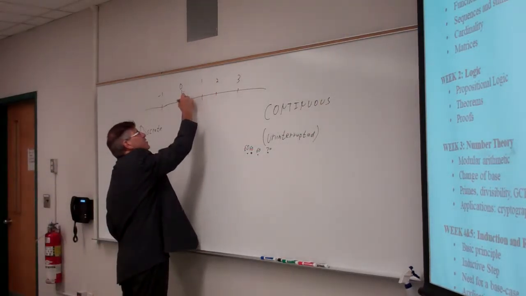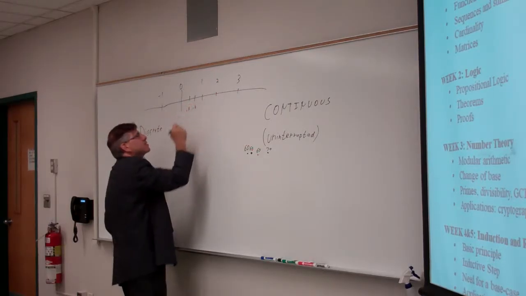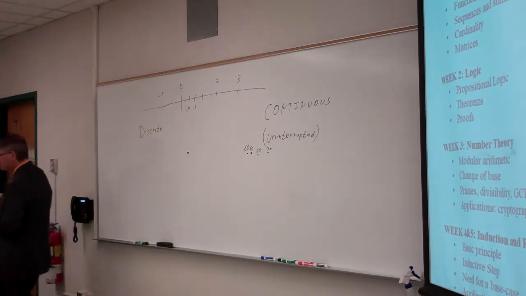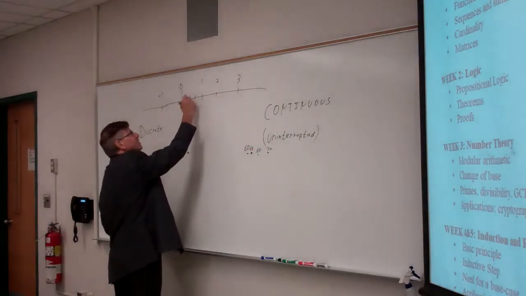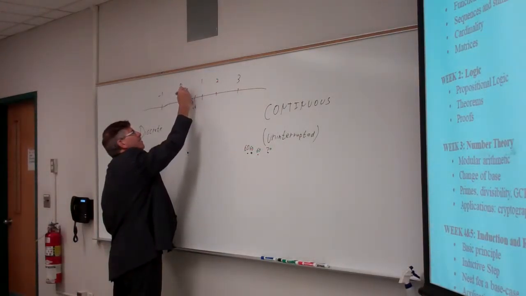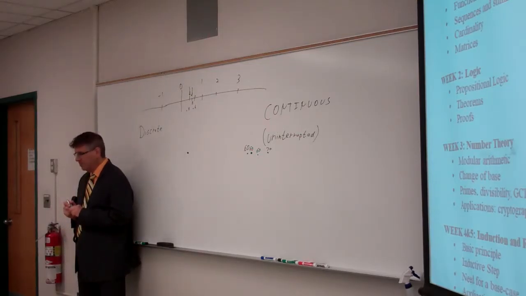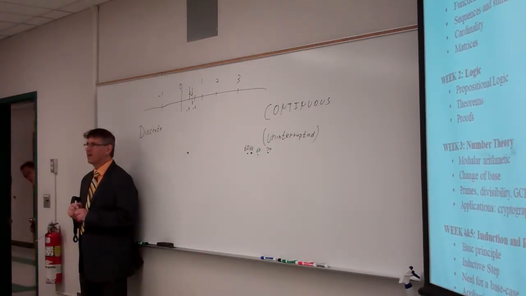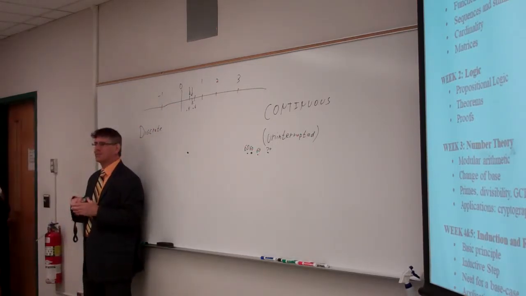If I pick any 2 points here, say 0.4 and 0.6, there's a number somewhere in between there. There's a lot of numbers in between, like 0.5. And if I pick this point and this point, there's a number in between those two. And any 2 points that I pick, anywhere on this line, there's always a number in between them.